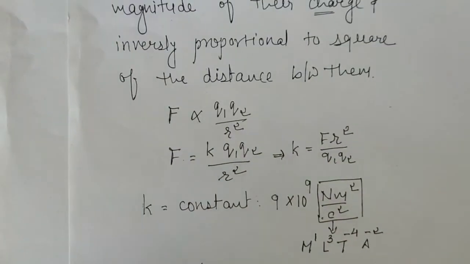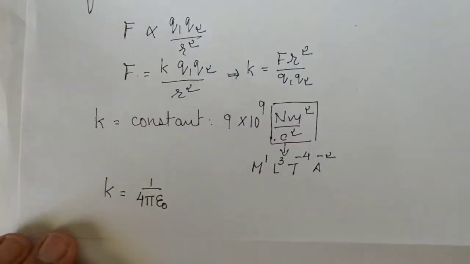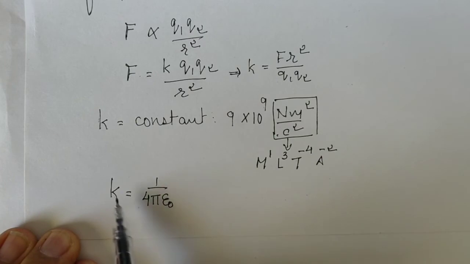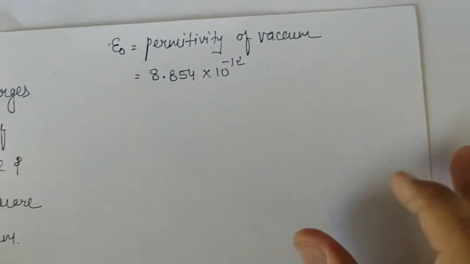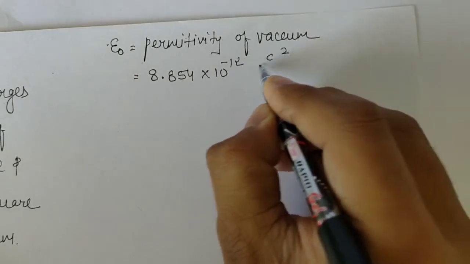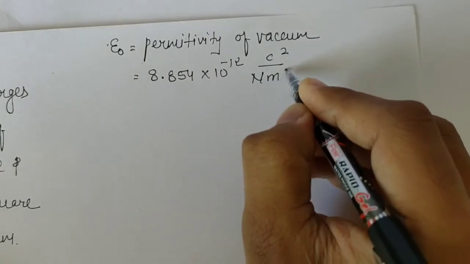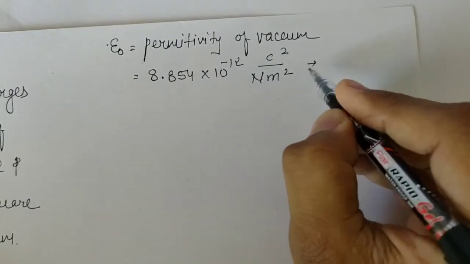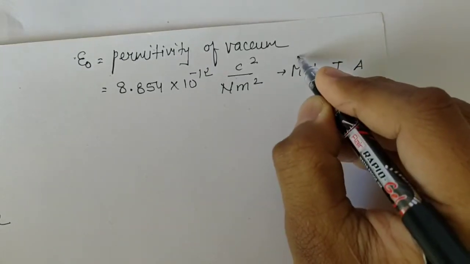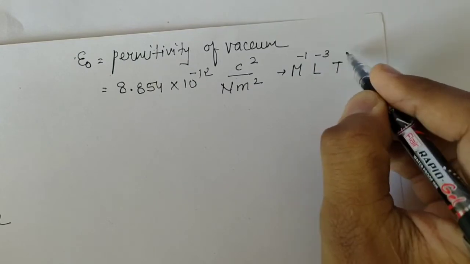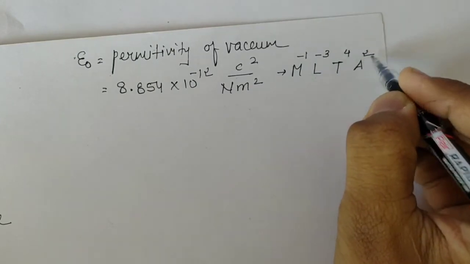The relation between K and epsilon 0 is inverse, so their unit is also inverse: Coulomb square per Newton meter square, and its dimensional formula has the same numbers but opposite signs: M⁻¹ L⁻³ T⁴ A².